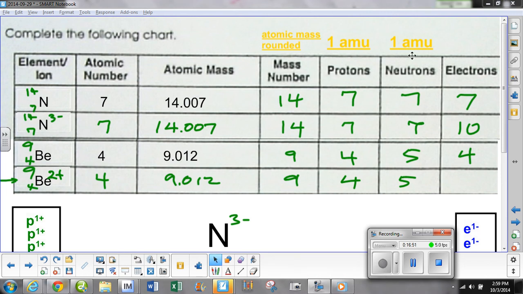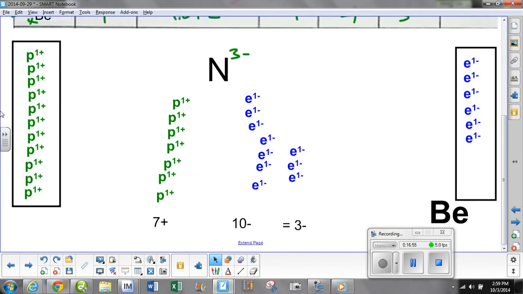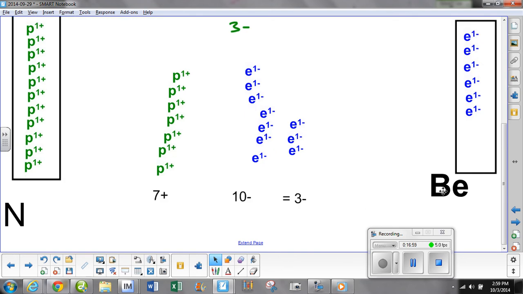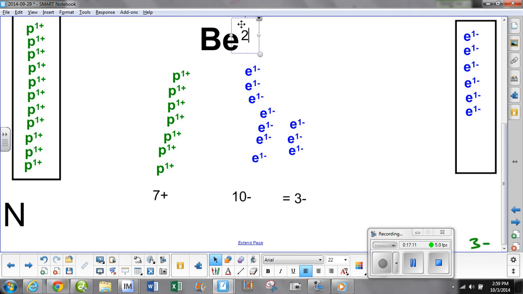Let's go down here and look at what happens for beryllium. Let's get nitrogen out of the way, get beryllium in here, and this guy's going to be a 2 plus. So let's put a little 2 plus up here. There we go. Okay, so this guy's a 2 plus.